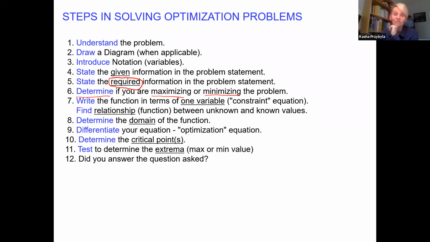And then we always have to create a model equation, a function, in terms of one variable, because that's calculus one.